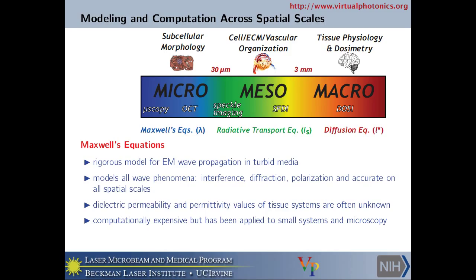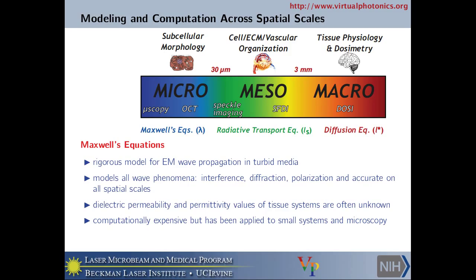And these values, and the spatial scales over which these values vary within a tissue system, are often unknown. Although progress is being made in this regard. However, even if these are known, say that someone has figured out how one can represent tissue rigorously within an electromagnetic context, to actually solve the equations is very computationally expensive.